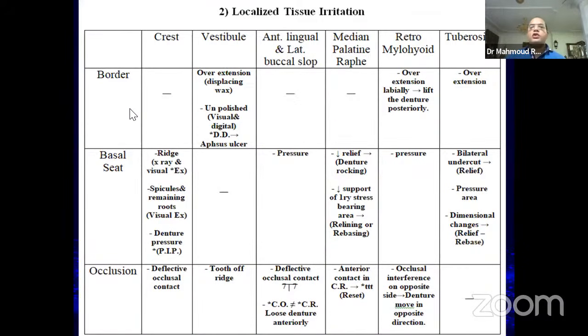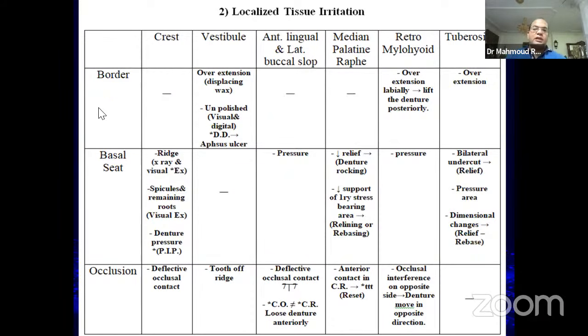Here, we also divide the types of localized tissue irritation according to the denture part that causes the irritation: border, basal seat, and the teeth. And also according to the anatomical landmarks in our patient's mouth: crest, vestibule, anterior lingual and lateral buccal slope, median palatine raphe, retromylohyoid area, and tuberosity, as we see.